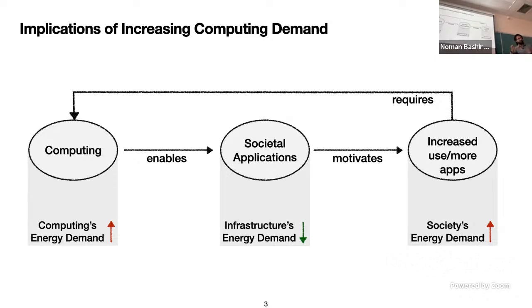Beyond that, it would basically mean the end of the world. I don't want to be too dramatic, but that is the point: you don't just need to look at how computing is growing. It's a good thing, with a lot of positive things enabling societal applications. But you also have to look at how it is impacting the overall thing and how the demand increases as a result of it.